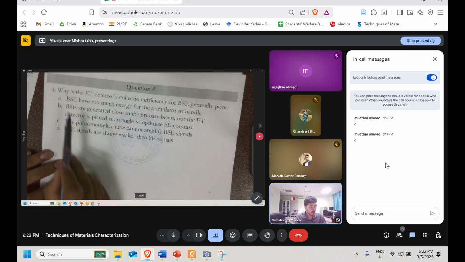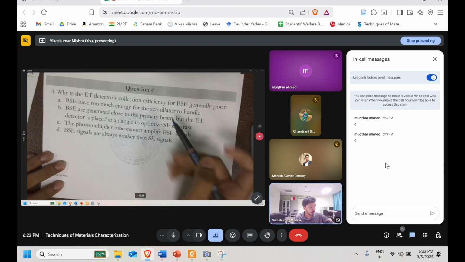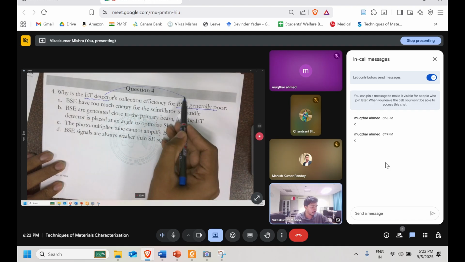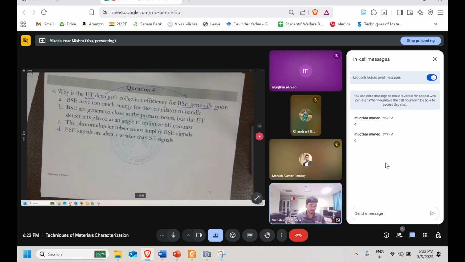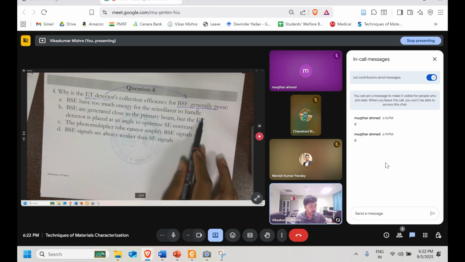Why is the ET detector collection efficiency for BSE generally poor? If I am using the ET detector to collect the BSE, why is it poor? First, BSE have too much energy for the scintillator to handle.